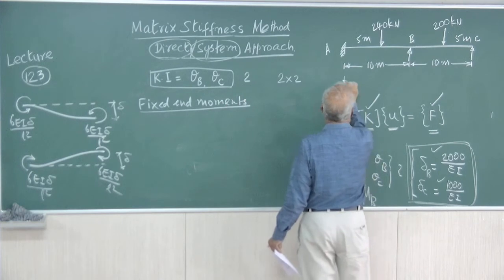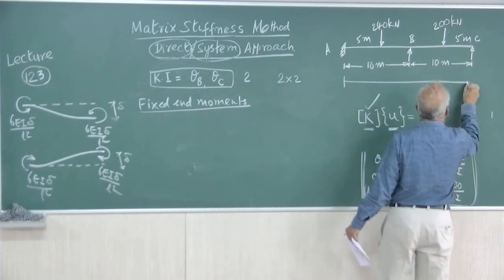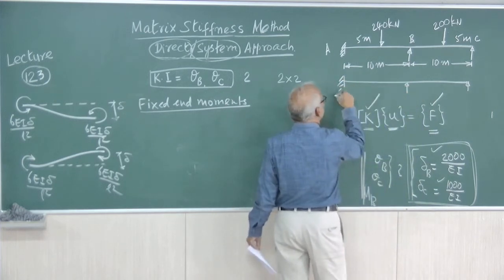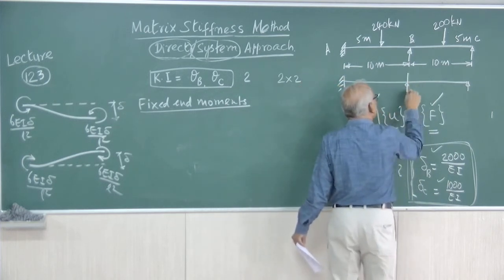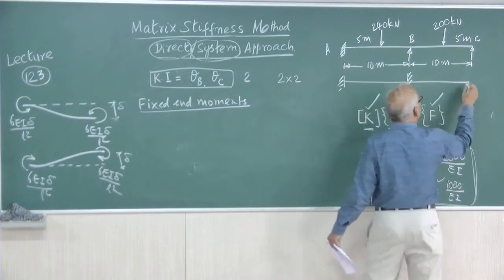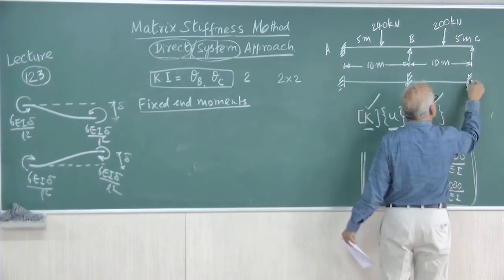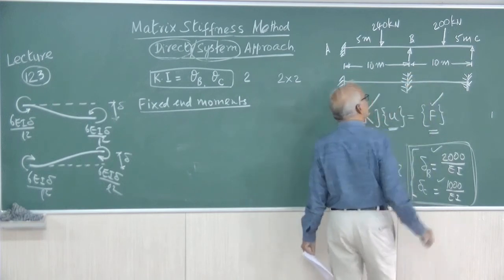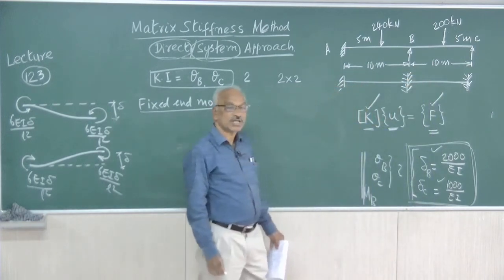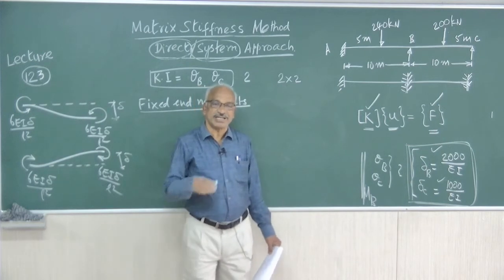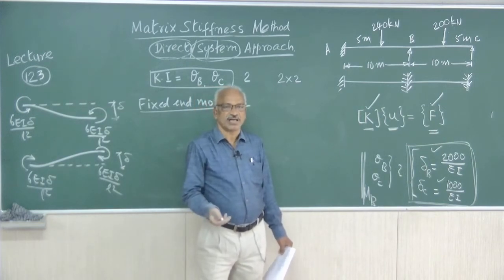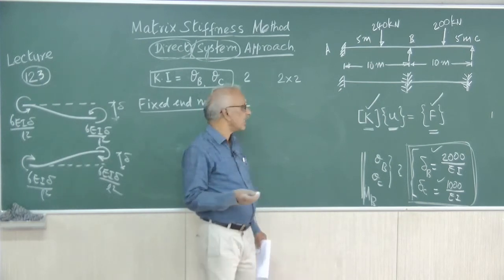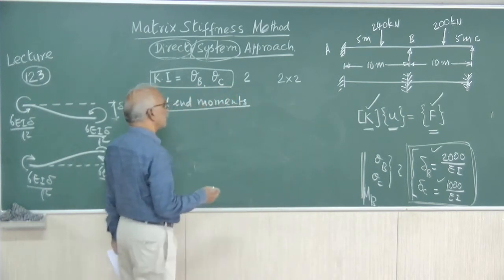In this beam, we arrest this and fix this also. Initially you fix all the supports, make theta B equal to 0 and theta C equal to 0, and that becomes a kinematically determinate structure, which is called a constrained structure.